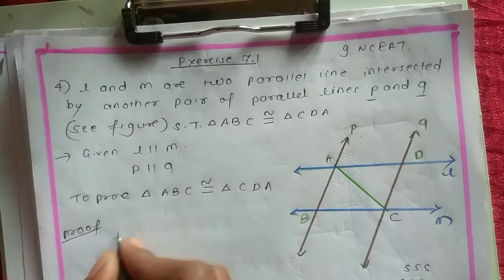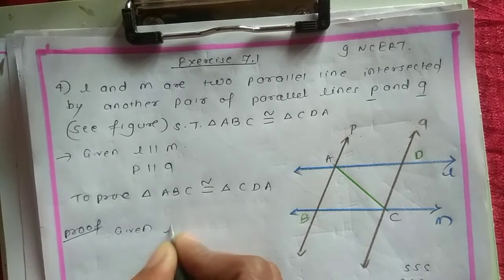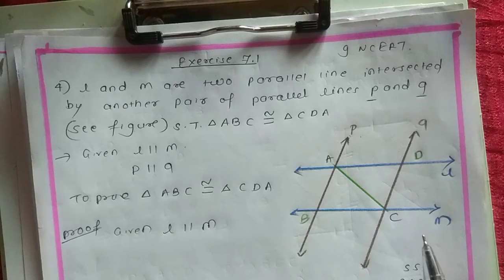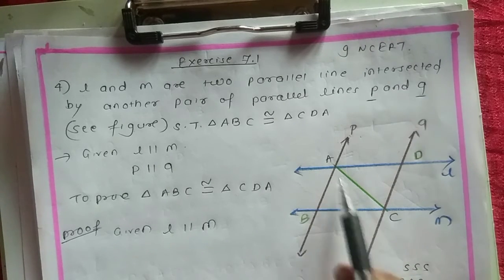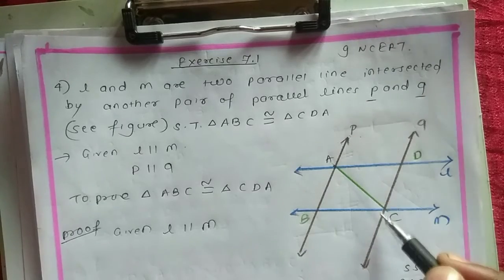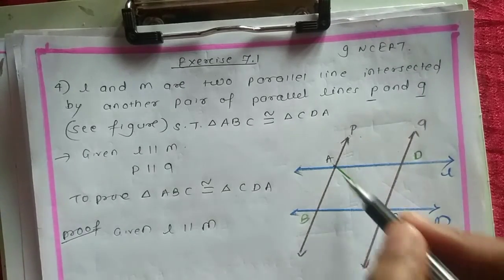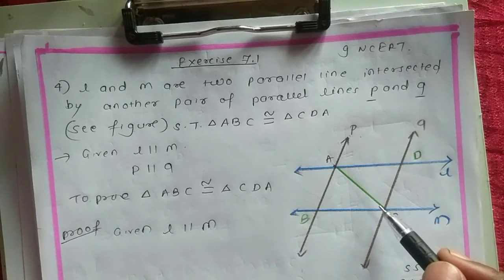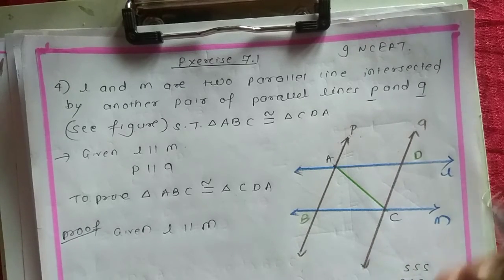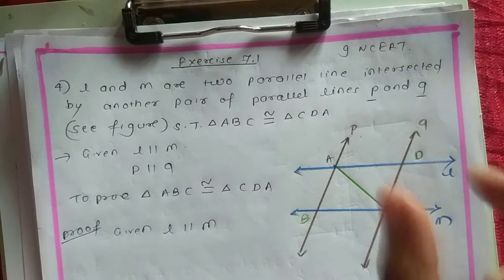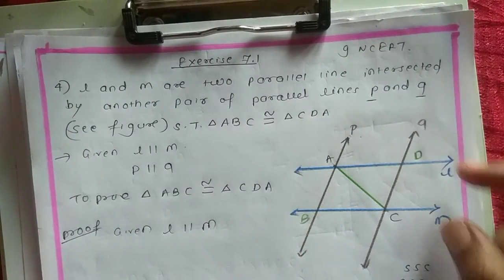So now we'll start with the proof. Given that L is parallel to M, AC will act as a transversal. It doesn't mean that it should cross, but we should have the common point. This AC line segment will become a transversal for L and M. Only this part you have to see; don't focus on P and Q. We want L, M and AC.